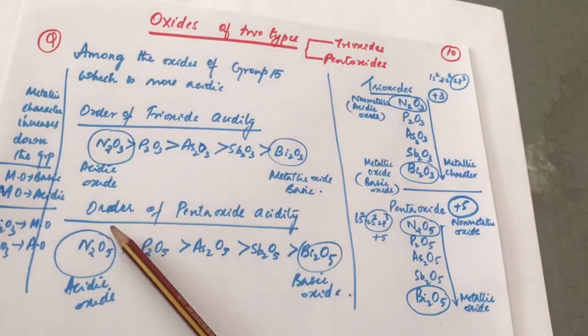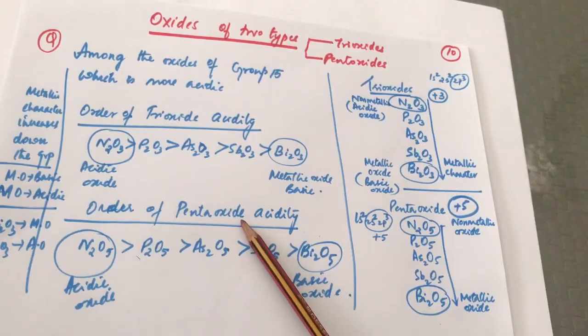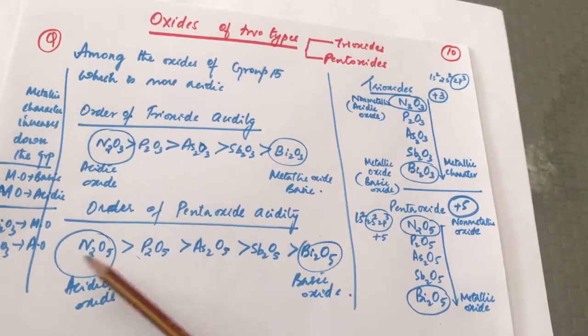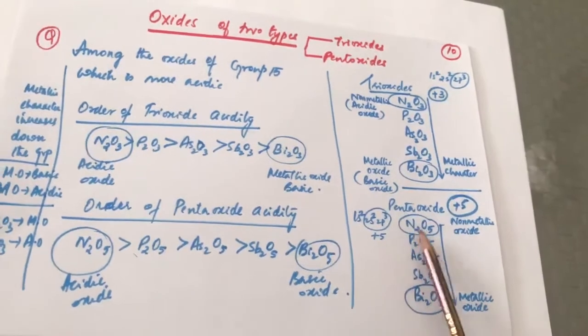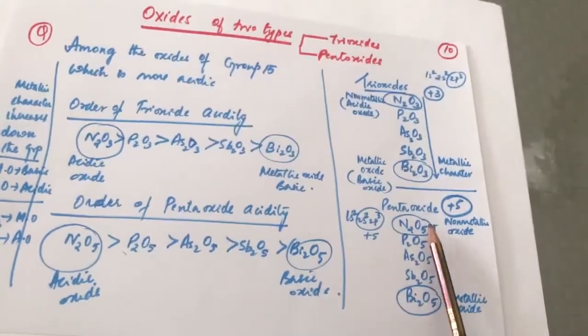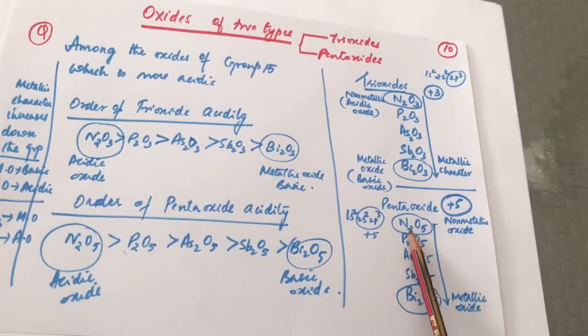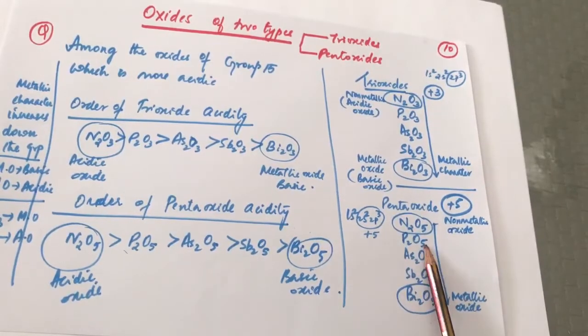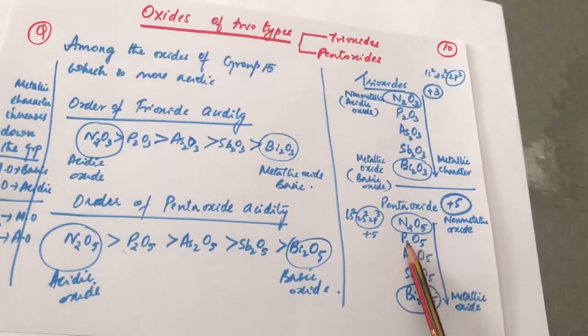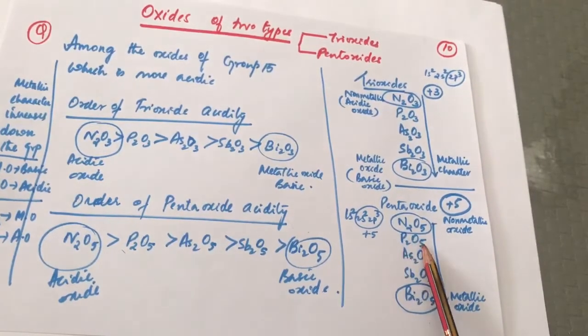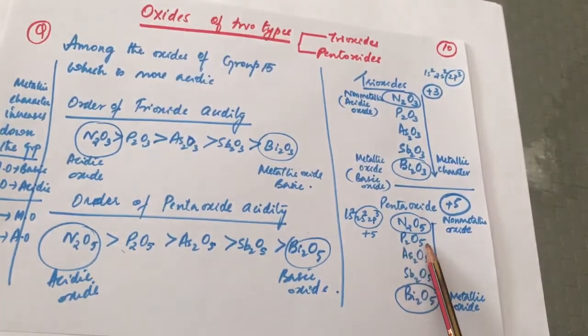And let us consider the order of pentoxide acidity. That too is just the same. N2O5, we have to write that pentoxide. I have put it here. See, nitrogen is having a valency of 5, so we put 5 here. Oxygen is again 2. Phosphorus has 5 valency, plus 5 oxidation state. Oxygen has 2 valency. So it becomes P2O5.